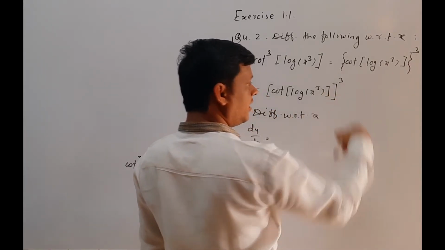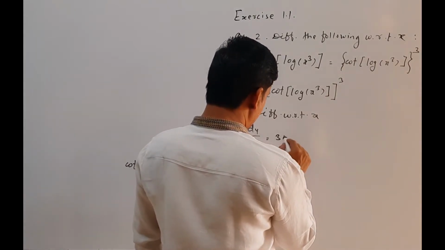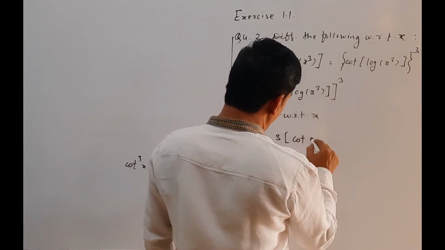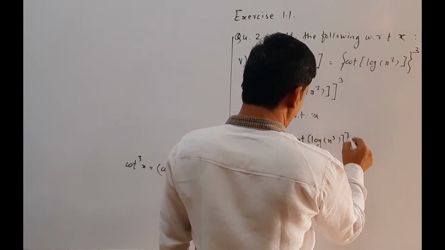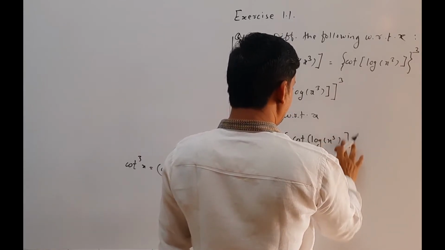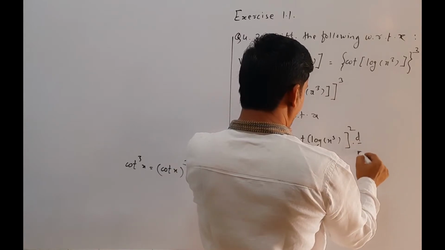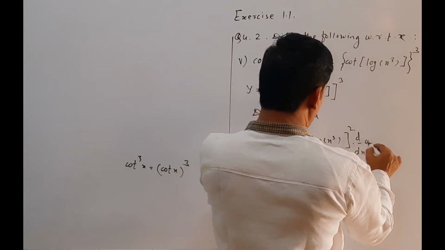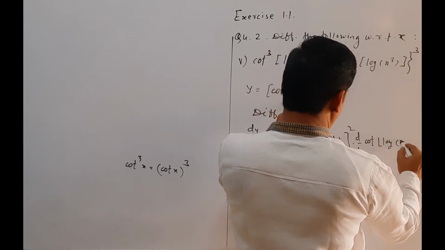First we write the derivative of power. So we write the power in multiplication. So 3 in bracket cot of log of x cube. Then we reduce the power by 1. So we get here 2 into. Then we have to find d by dx of, that is the derivative of the outer function, cot of log of x cube.